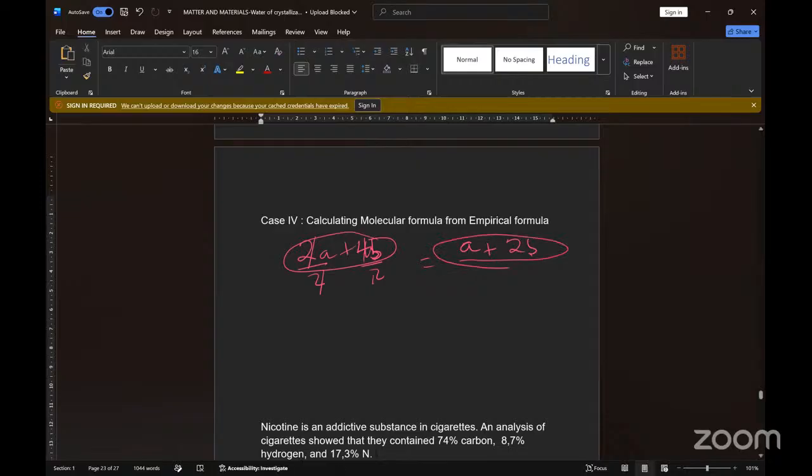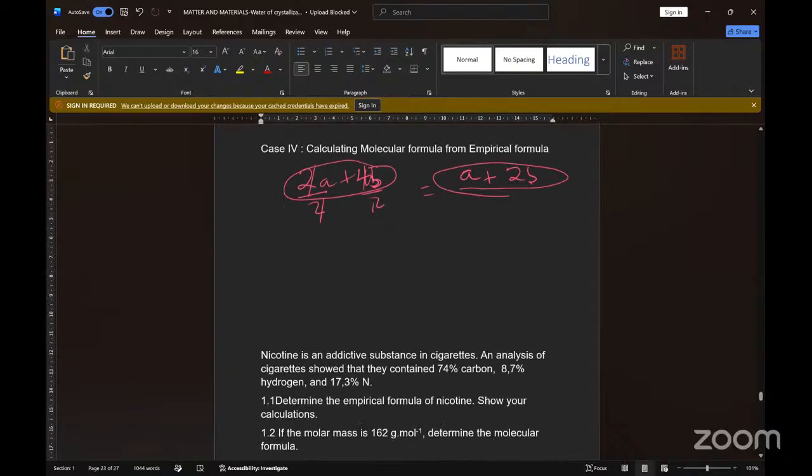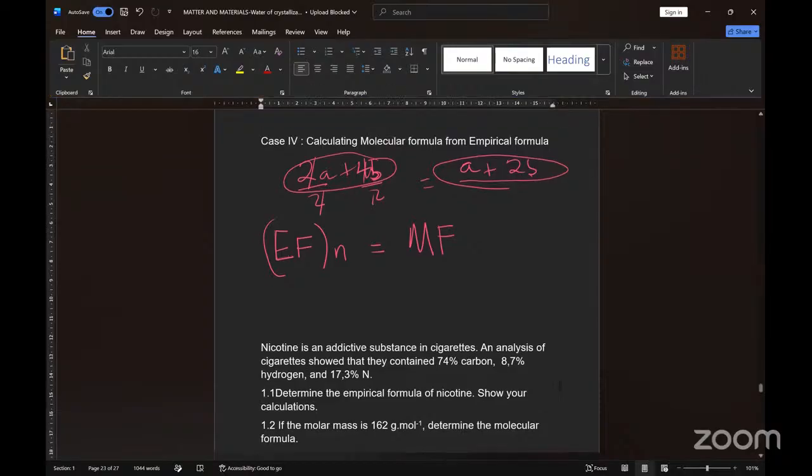Okay, so let's come to this. On the basis of this, we can write something like this: the empirical formula, EF, times a certain value N must be equal to the molecular formula. Some people put dots there, but it doesn't really matter, okay?